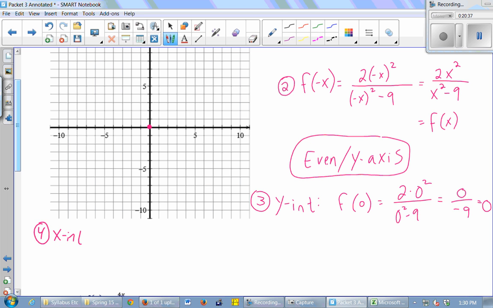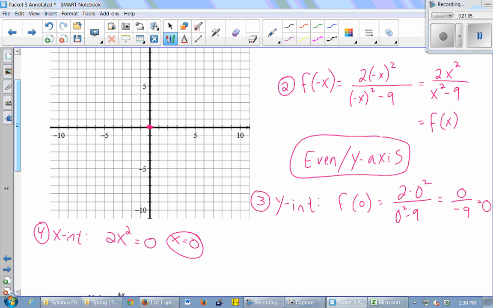X-intercepts are found by setting your numerator, in this case 2x squared, equal to 0. You just have to set the numerator equal to 0 to get x-intercepts. So what value of x makes this true? The solution to this equation? 0. X equals 0. So that's also the same point, x equals 0.